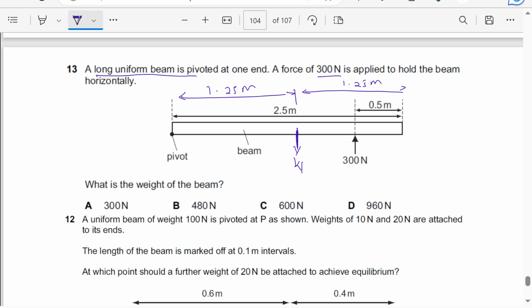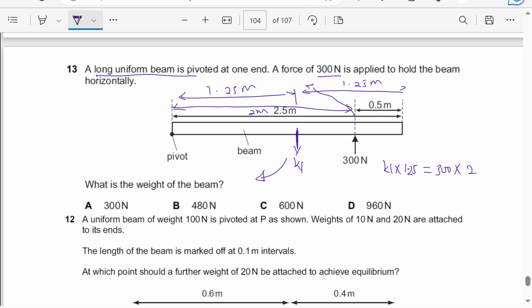So a force of 300 newtons is applied to hold the beam horizontally. The weight is going to cause a clockwise moment, and this force is going to cause an anti-clockwise moment. So the weight W times the perpendicular distance, 1.25, should be equal to the force of 300 newtons times its perpendicular distance, which is 2.5 minus 0.5, so just 2 meters.